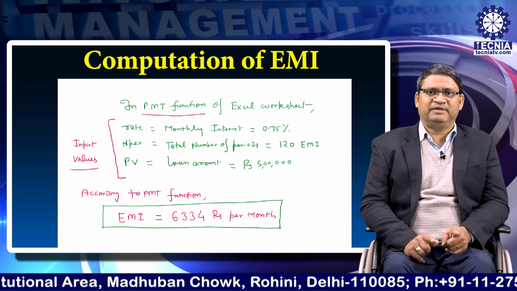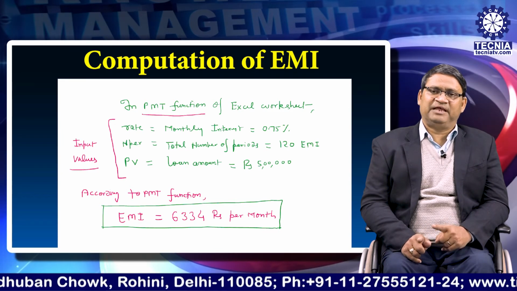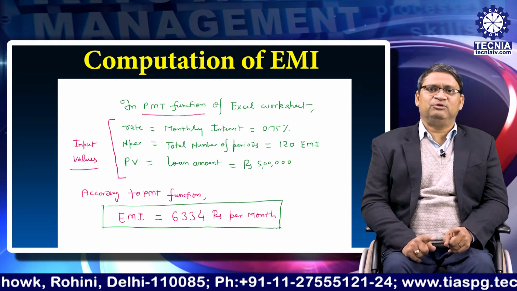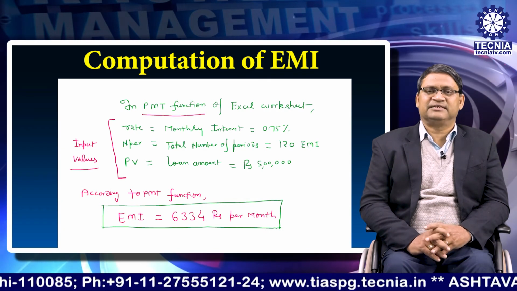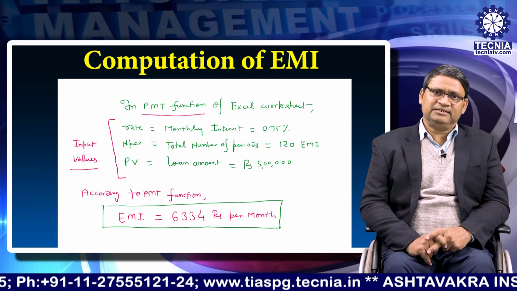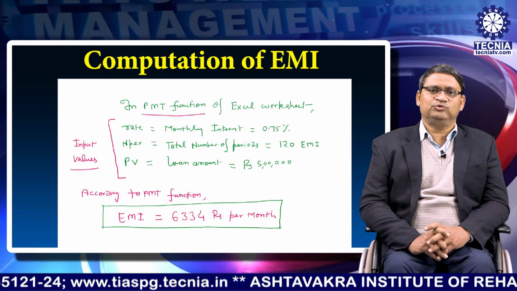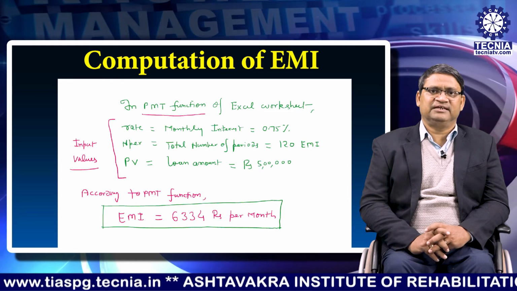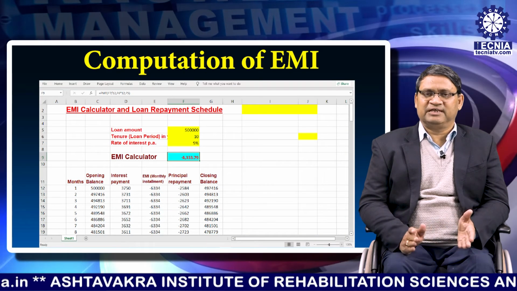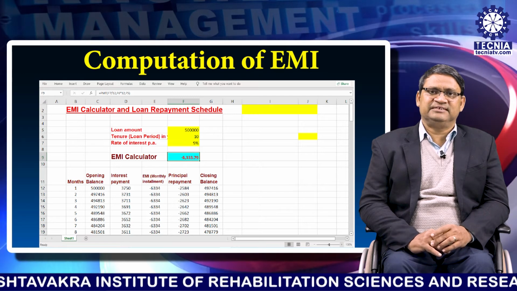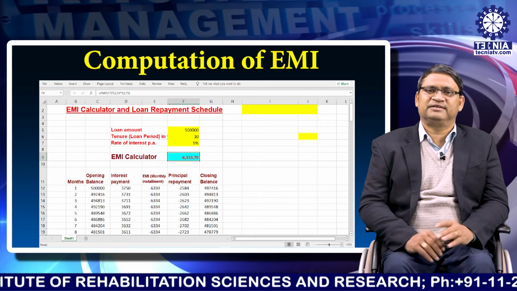So the value of NPER should be 120, that is 10 years multiplied by 12, and the present value is nothing but our loan amount which Mr. X has availed, that is 5 lakh. So using that PMT function, the EMI will come to 6,334 rupees per month. And now we can show in the Excel sheet where the PMT function is and how the PMT function is used to calculate the EMI.